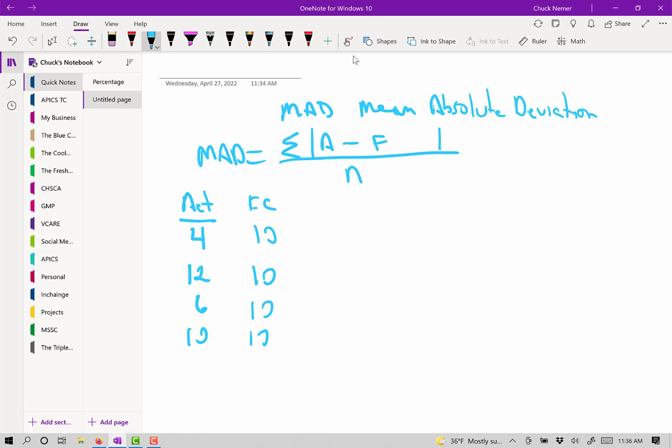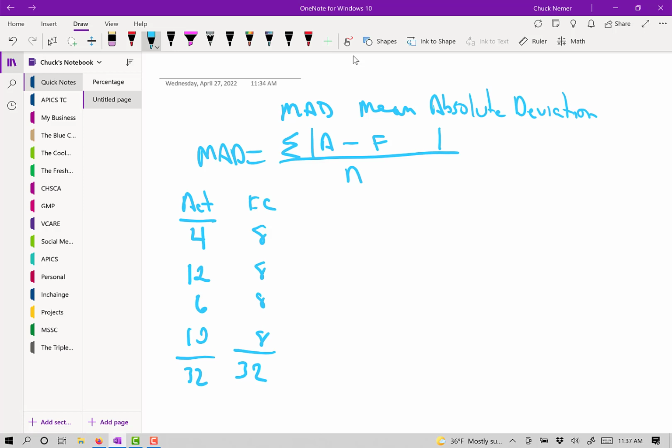So actually, let's see. When we look at the actual sales, they were 32. Let's change the forecast to 8 per month so we can drive home a point. If you look at forecast versus sales, they're both 32, and it looks like there's no bias there. We hit the forecast and everything did great.